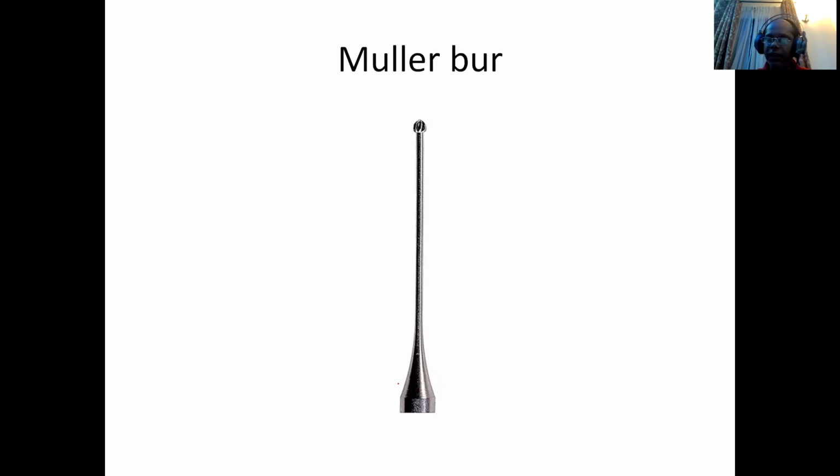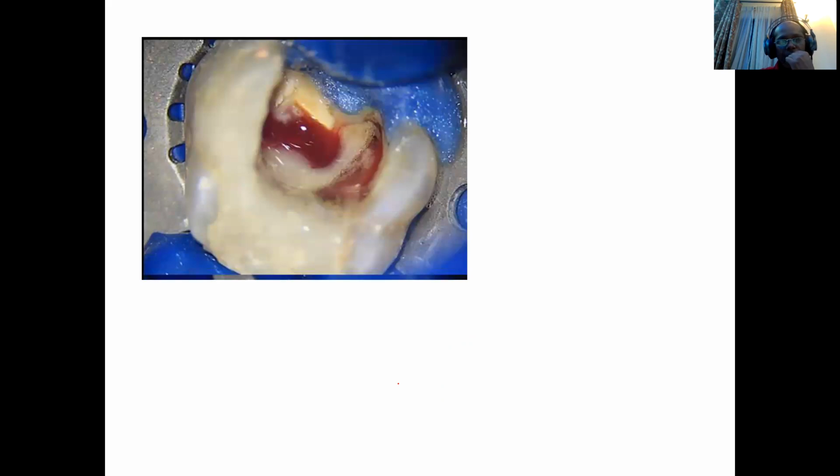With this long shank, with indirect vision, you can use this molar bur to remove the dentine and open the mouth of the MB2 canal. That can be an effective tool. When you remove it, sometimes if it is inflamed, there may be some exudate or pus or discharge, or even blood oozing out from the canal, and that again indicates the canal is opened.